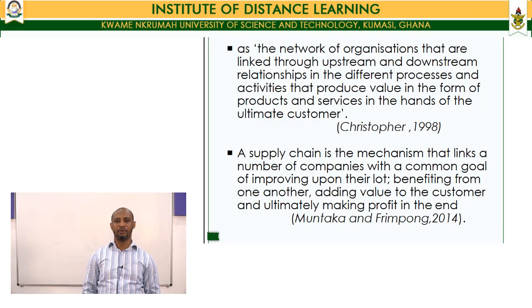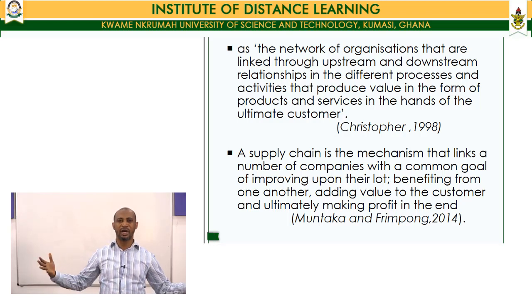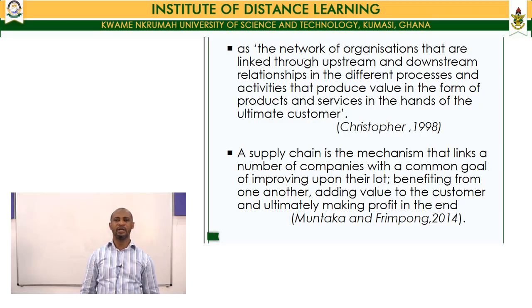Muntaka and Frimpong argue that the supply chain, in addition to all that has been described already, is a mechanism that links a number of companies with a common goal. What is this goal? To improve each other's lot. No organizations link together to make each other worse. Organizations link together to make life of each other beneficial.